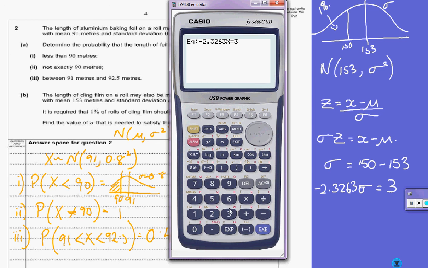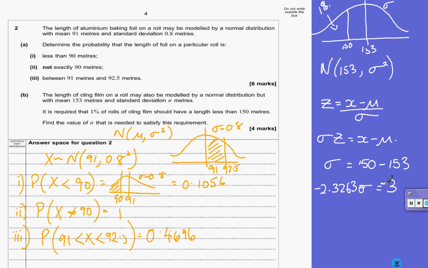Or you could put 150 minus 153. That doesn't look like anything's happened, which it hasn't, so you need to press solve. Our solution for that equation is x equals minus 1, which it can't be. So something's wrong. Oh, because this is minus 3.